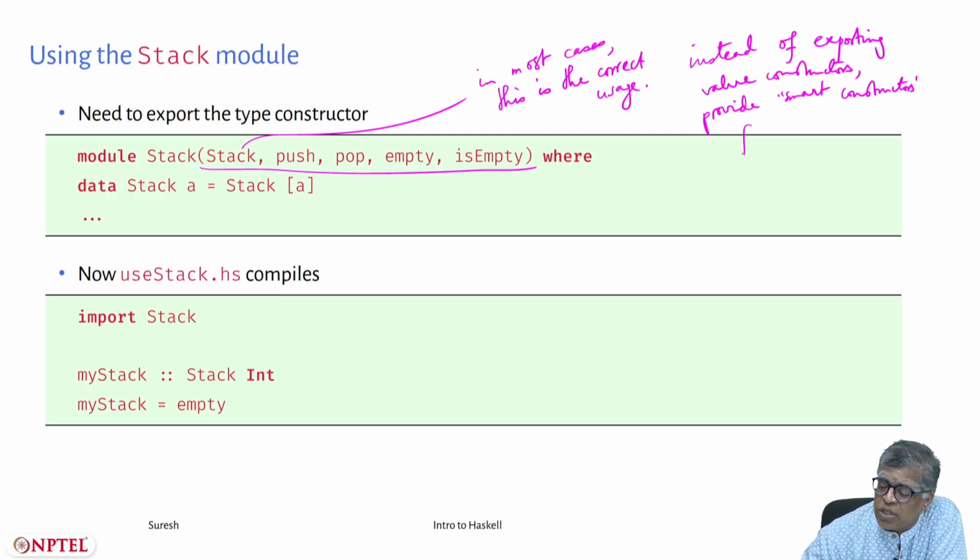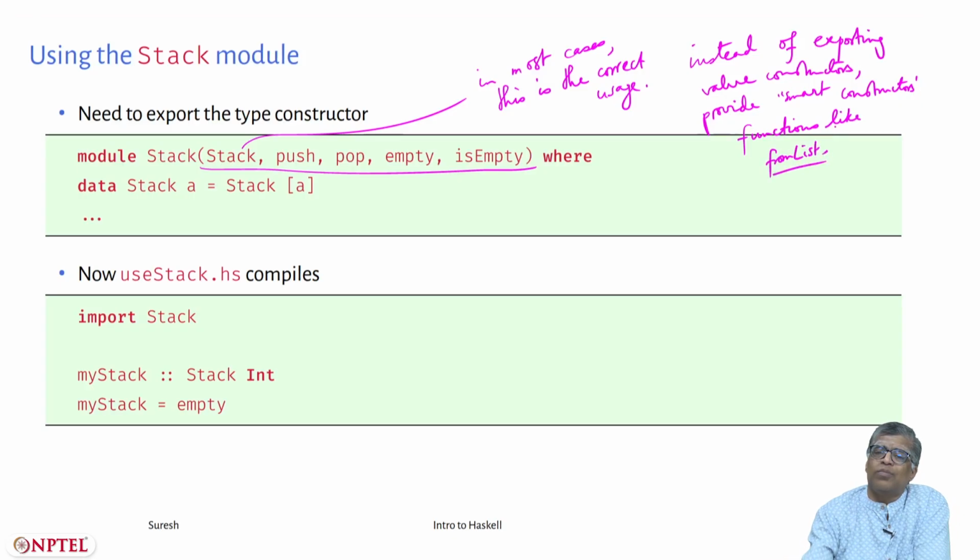They are nothing but functions like fromList that we had earlier. They perform the same role as the value constructors, but you don't even want to reveal the name of the value constructors. Sometimes they will be smart because they will not have exactly the same functionality as the value constructors, but you might do a little extra work because these are separate functions.